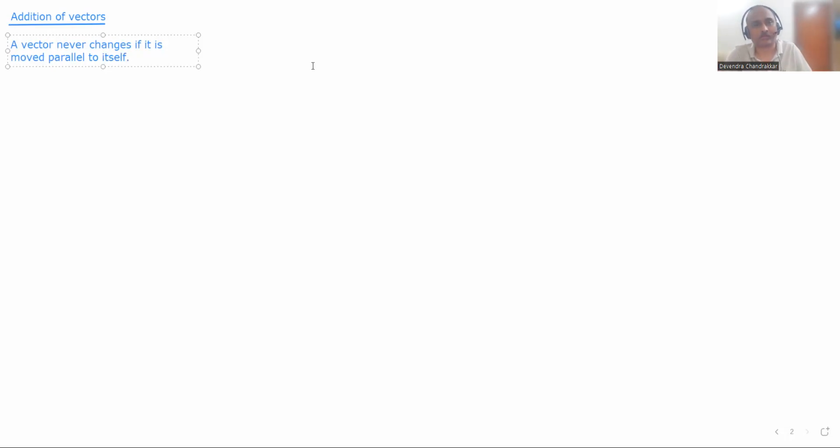I have this vector here. If I move this vector parallel to itself, has it changed? It is pointing along the same direction. Yes or no? Yes, sir. Its magnitude also has not changed. The length of the vector also has not changed. So the vector remains as it is. I hope this is clear to all of you. So a vector never changes if it is moved parallel to itself.